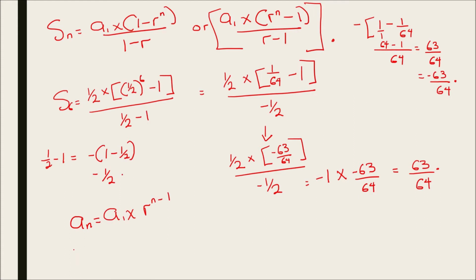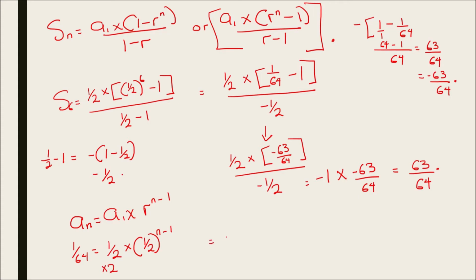So A_N is 1 over 64, because we're looking for N. We don't know what N is. Our A1 is half times half to the power N minus 1. What can we do here? We can simply multiply both sides by 2 to cancel this half. So let's multiply both sides by 2.